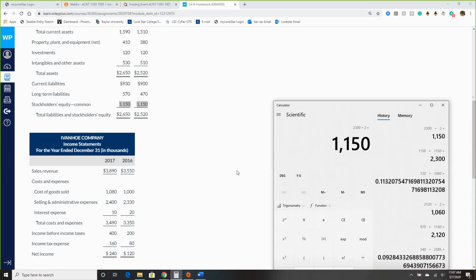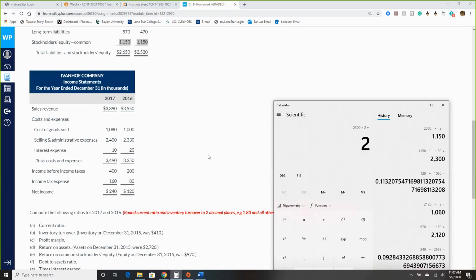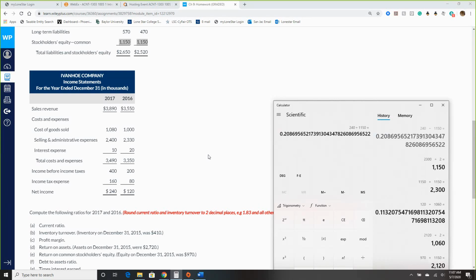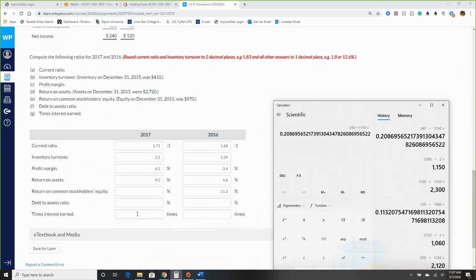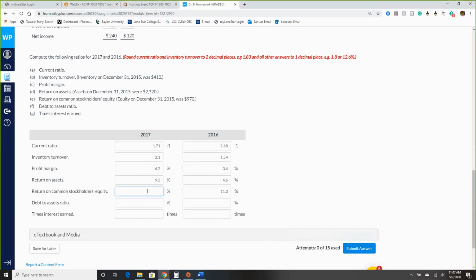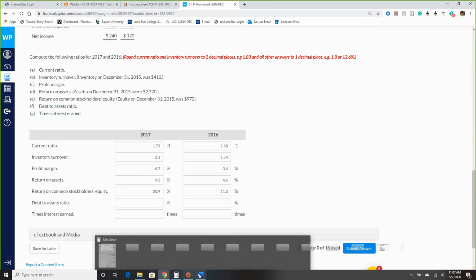And divide that by the 2017 net income. So we're looking at 20.9%. Well, we're actually seeing a trend going on. If you're really comparing, really everyone is almost double to the 16 number. Which is pretty good. Okay.